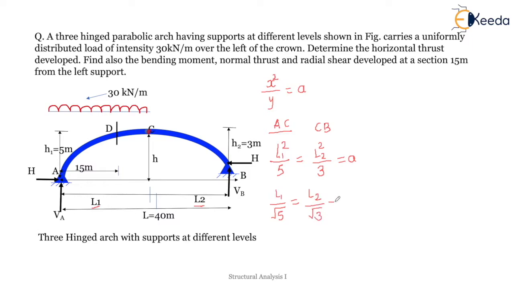Then for the whole span, that is L1 plus L2 divided by root 5 plus root 3, where L1 plus L2 is nothing but the full length. So we can write it as L divided by root 5 plus root 3.